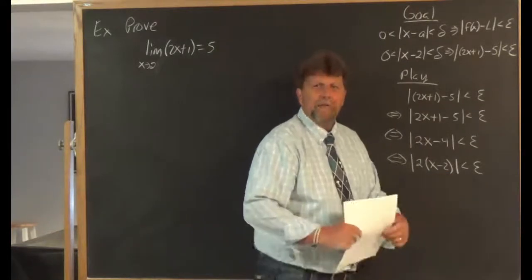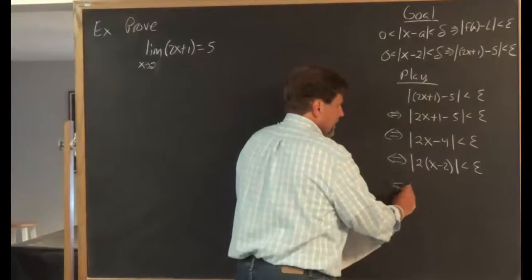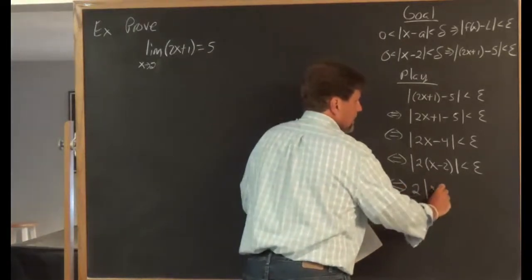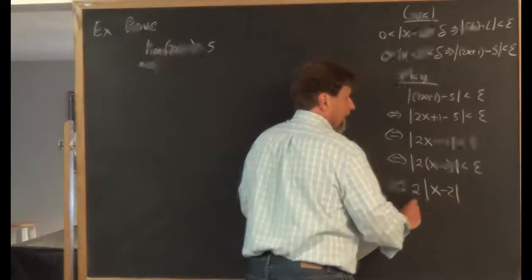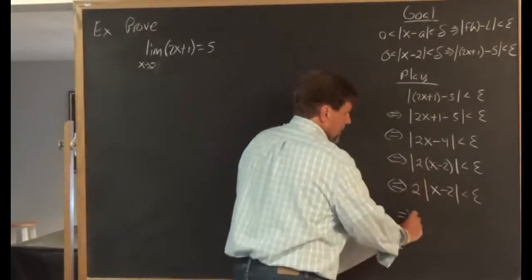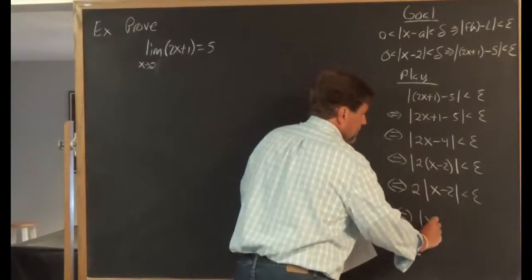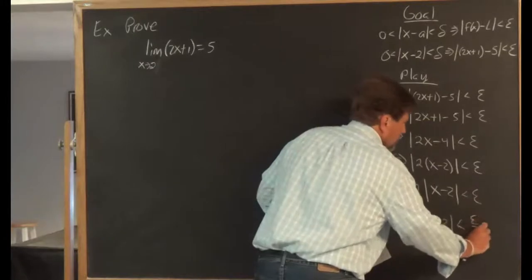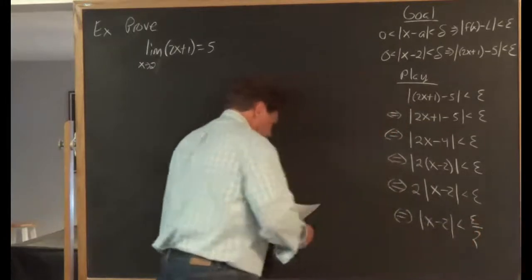Well, we know what the absolute value of 2 is. The absolute value of 2 is 2. And then I'm just left with absolute value of x minus 2. And then, still playing around, divide both sides of the inequality by 2. And look at where we're at.